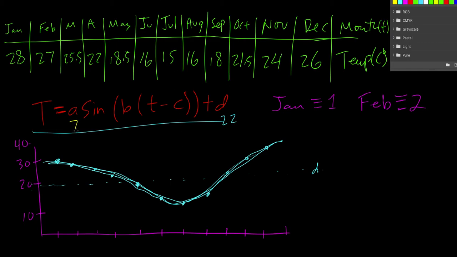And so that's going to be 7. Now our period is 12 months, so we can swap those, and we get 2 pi 12ths, which is equal to B, and so pi 6th is our B.